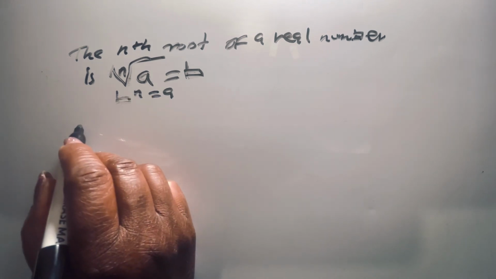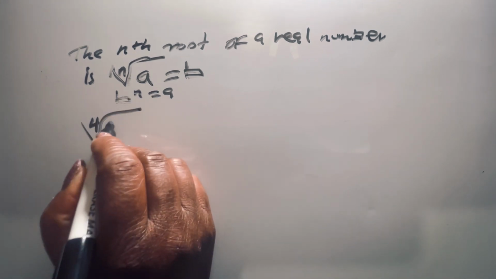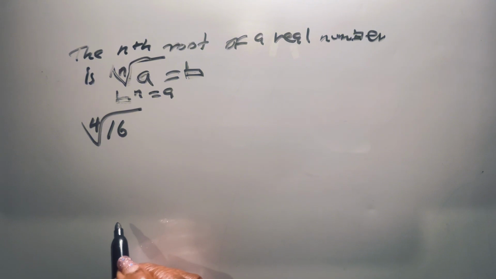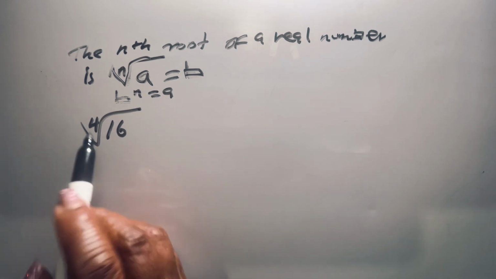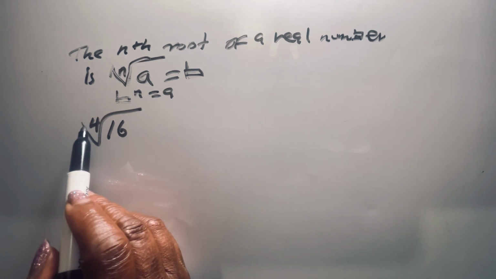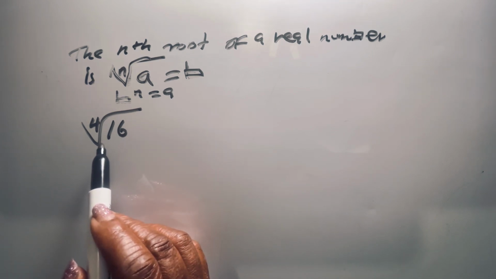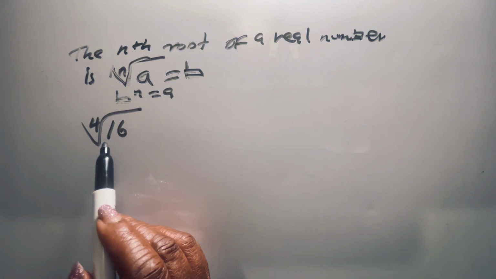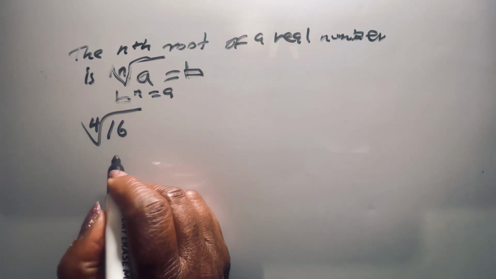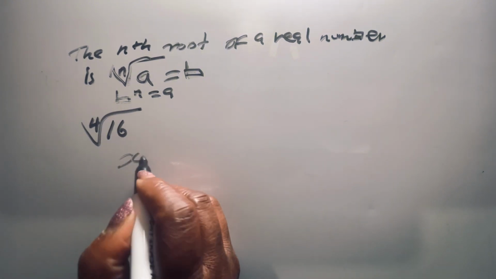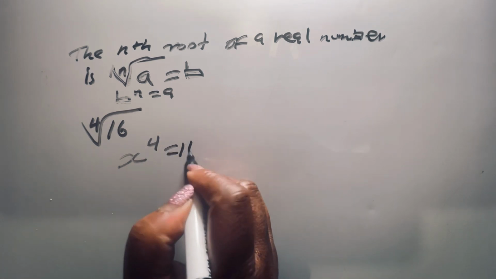Let's try another one. What is the fourth root of 16? The fourth root of a number x is the number that when raised to the power of 4 equals x. In this case, we want to find the fourth root of 16, which is the same as solving x to the power 4 is equal to 16.